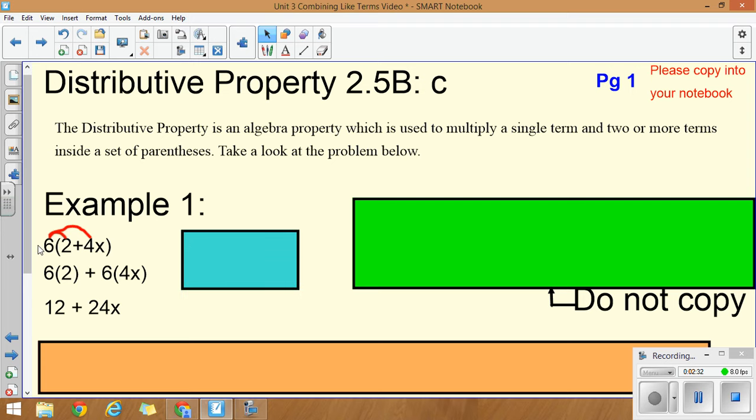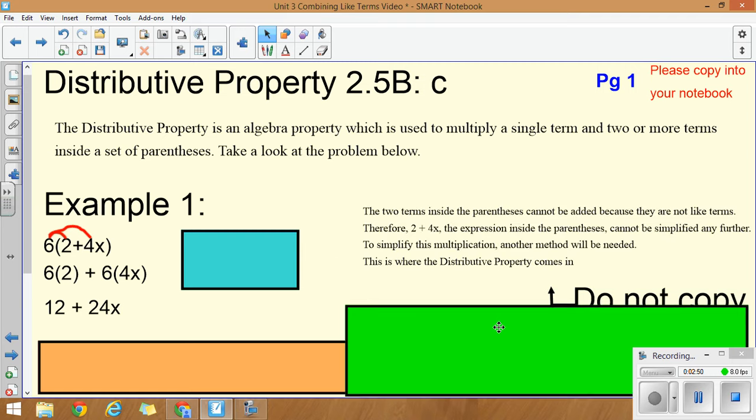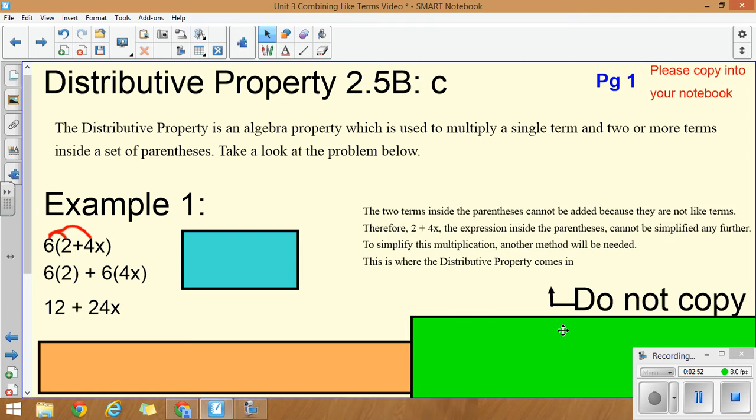So you're going to take the outside number and multiply it to a single term and two or more terms inside the parentheses. So you're taking this outside number and multiplying it to everything inside the parentheses. Okay, just remember here, the two terms inside the parentheses cannot be added because they're not like terms.